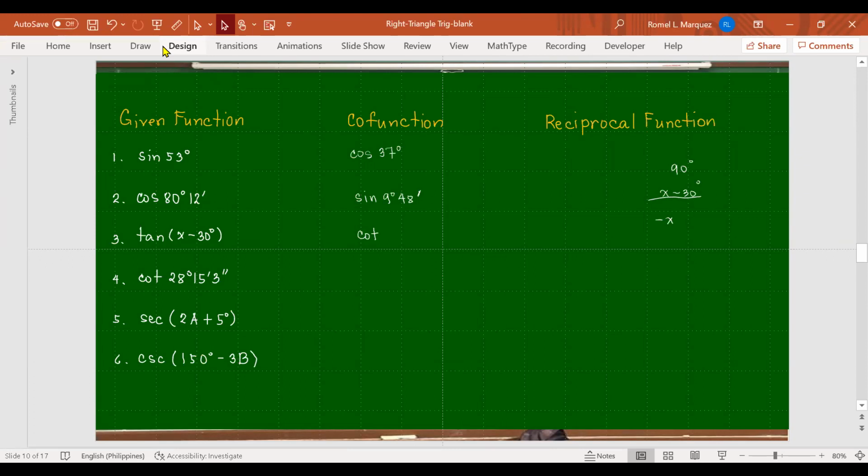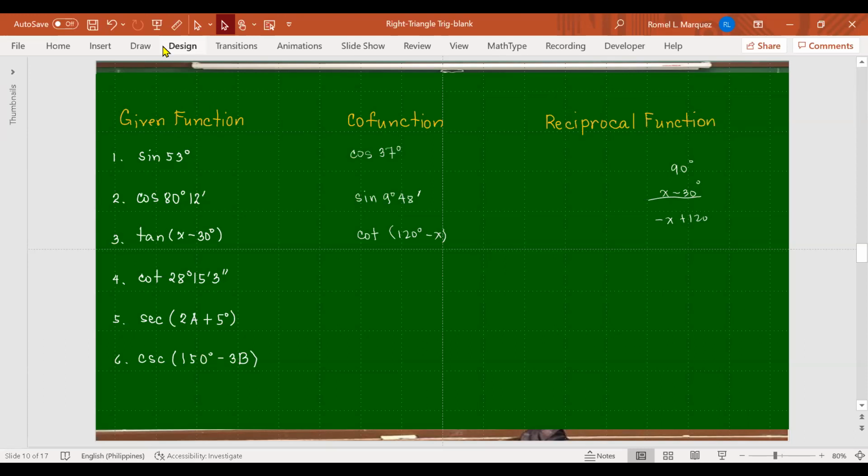Is that correct? 90 minus negative 30 is positive 120. So we now have 120 degrees minus x. Okay, so that's the complement of x minus 30. When you add, that's 90.